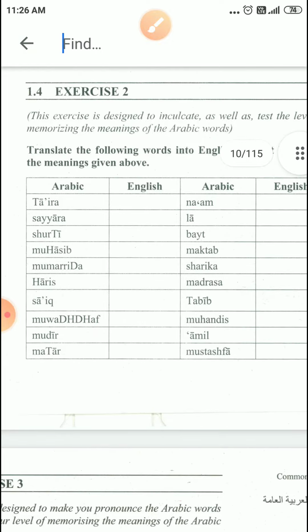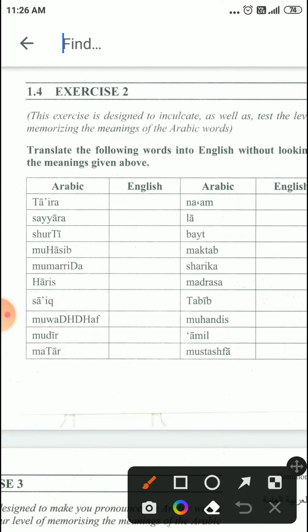First one is طائرة. طائرة means aeroplane. Second is sayyara. Sayyara means car. Third one is shurti means policeman. After this is muhasib, which means accountant.